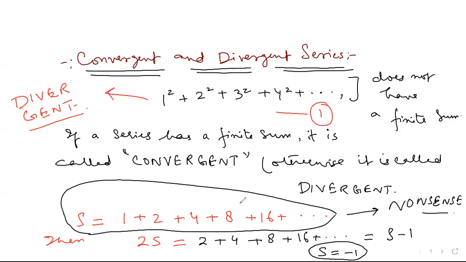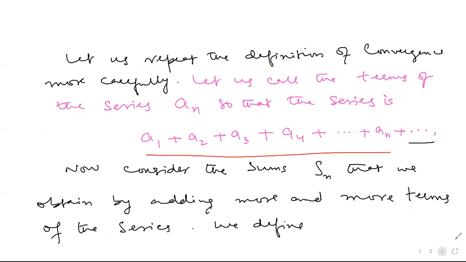Then we highlighted the issue of using algebra on divergent series. We see that leads to nonsense. Therefore, it is important to test whether the given series is convergent or divergent before applying any ordinary algebra rules to it, right? Then we defined convergence more carefully in terms of partial sums.